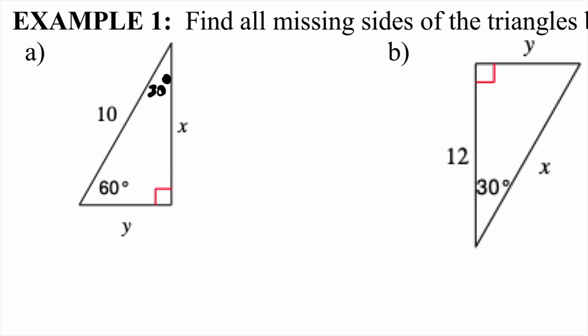The second thing is, what part do they give us? Do they give us one of the legs, or do they give us the hypotenuse? Hypotenuse, right? How do we know that's the hypotenuse? Because it's across from the 90 degrees. That's one way. The other way is the two legs meet at the 90 degrees. That's how you always tell. Okay, good.